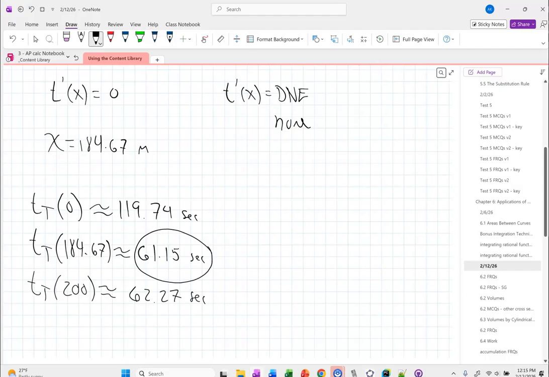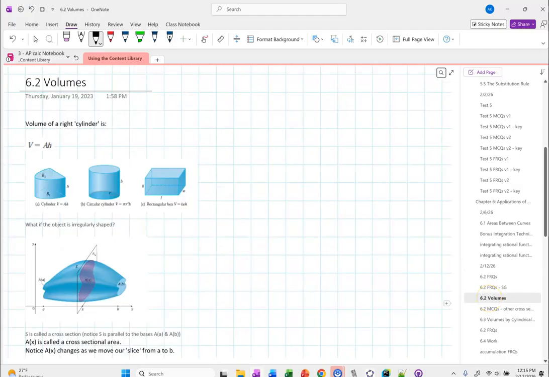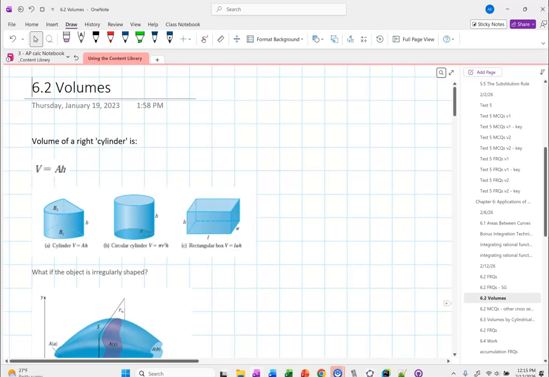Today, we're going to start talking about 6.2, and we're going to talk about calculating volumes for figures. This lesson covers two sections in our textbook, 6.2 and 6.3. I'll probably take at least 3 class periods doing this.